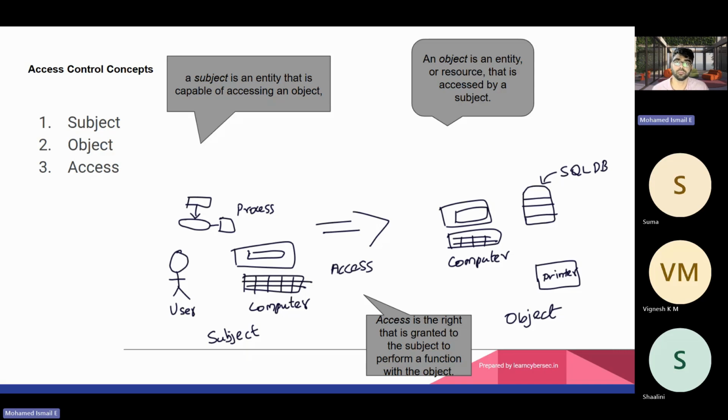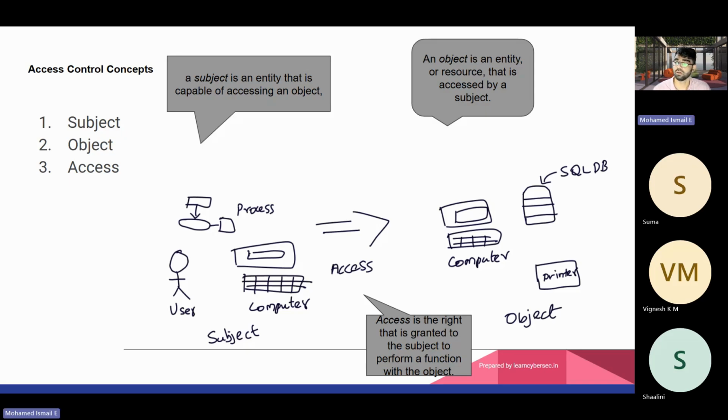Now let's put in an automation script. You have a script that every 5 minutes updates the database with some information. Now the subject is that particular script, and the object is your database. So a subject can be a human or any program, but subject primarily means the one requesting the access.